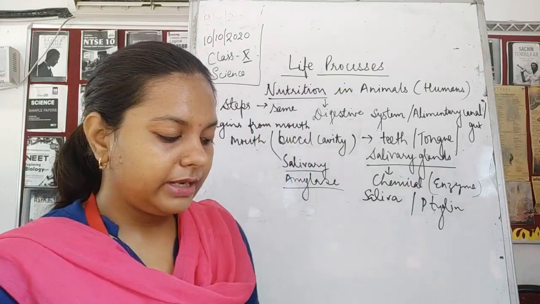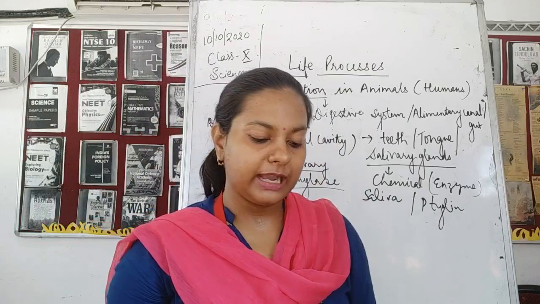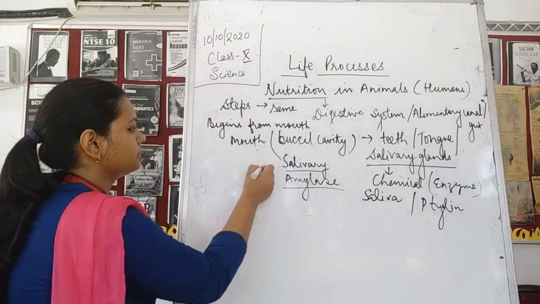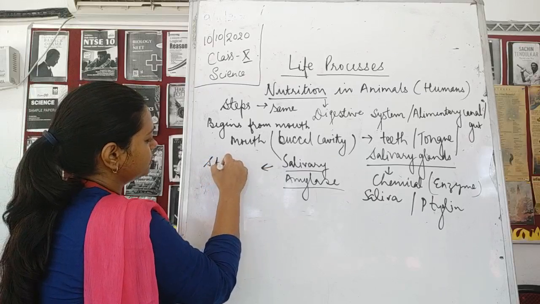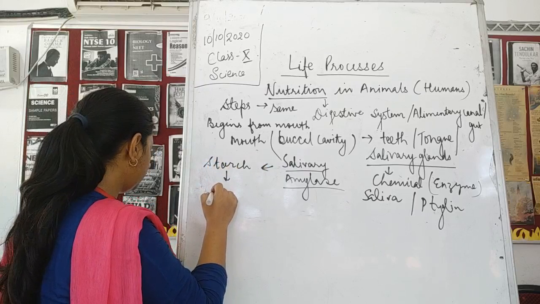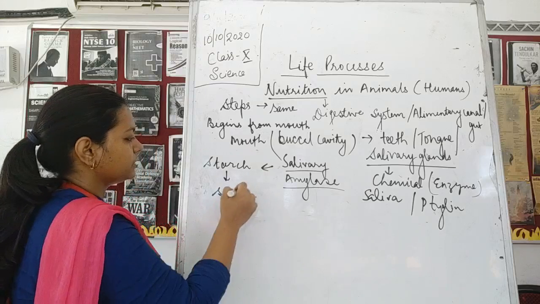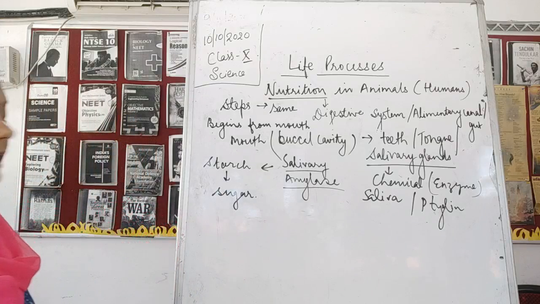Salivary amylase is present in the mouth, and it digests the starch present in the food and converts it into sugars.